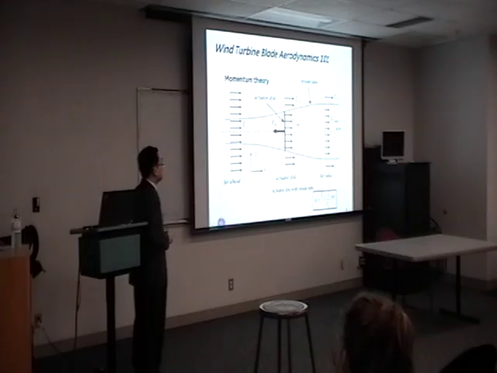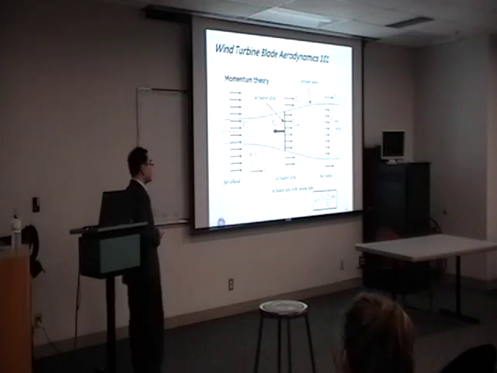In that case, axial induction becomes 1. So axial induction is bounded between 0 and 1. I'd like to ask you to remember this concept of axial induction because I'm going to talk a lot about axial induction in my presentation.